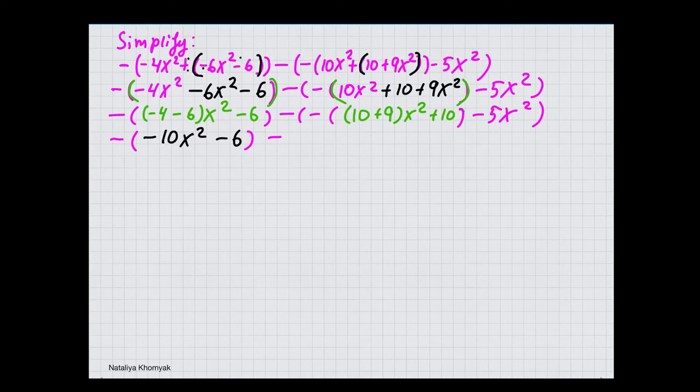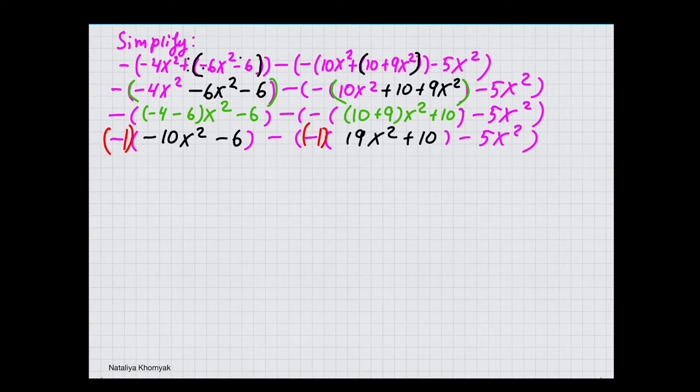Minus, open the parentheses, minus again, 10 plus 9, 19x to the second plus 10, minus 5x to the second. Close the parentheses. Okay, now we have to distribute this -1 and this -1.